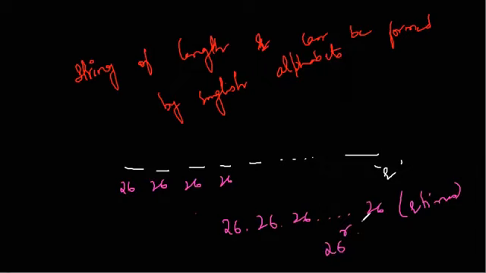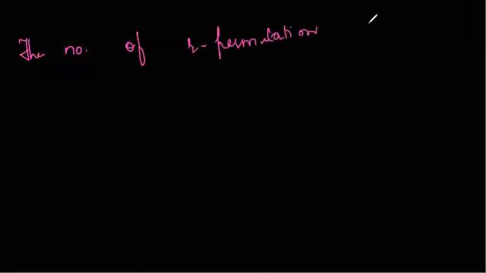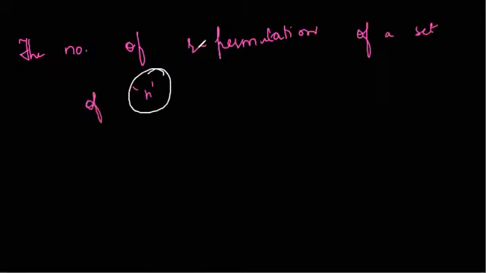So the number of r-permutations of a set with n elements: we were filling r blanks with how many elements? With a set of n objects. n and r over here represent the number of elements and the number of spaces to be filled, of a set of n objects.